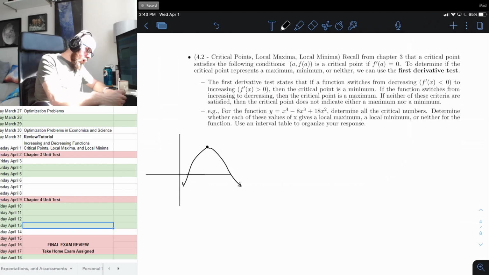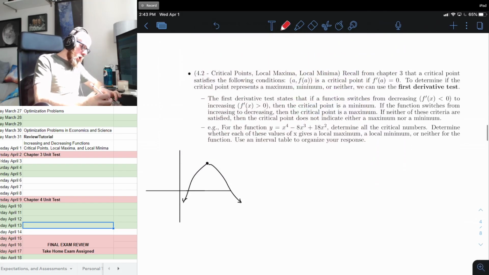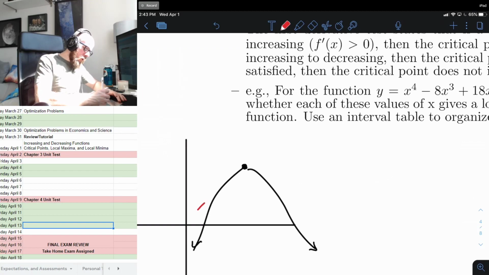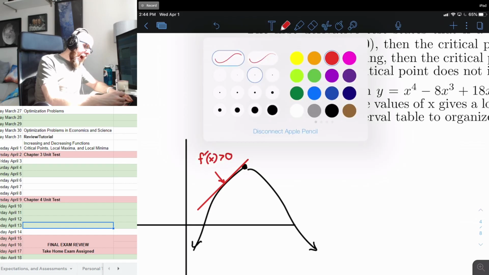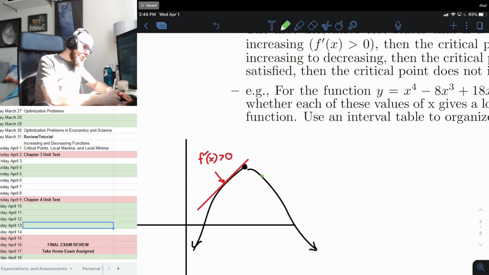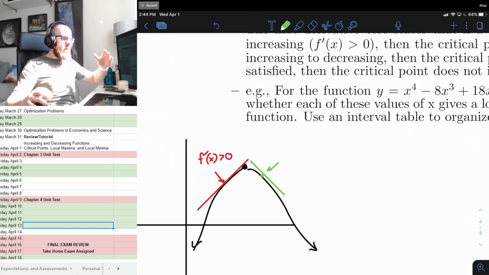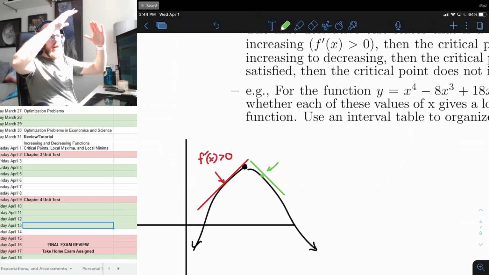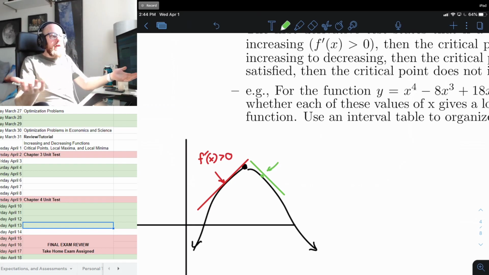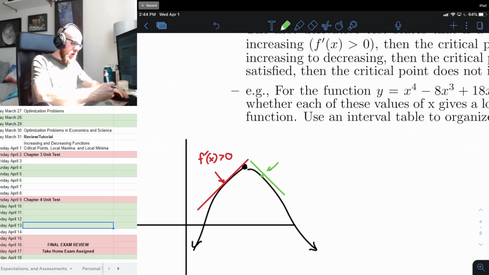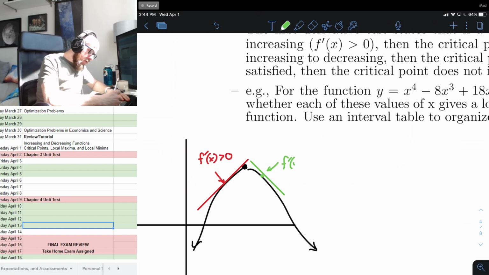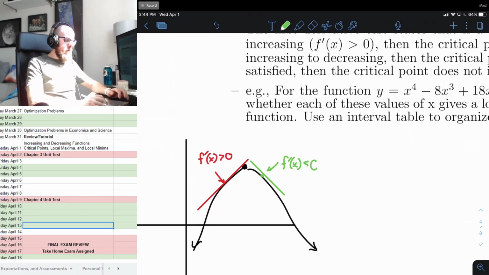What we would notice is that if we look before the critical point, f prime is positive, and if we look after the critical point, f prime would be negative. Meaning that if a function goes from increasing to decreasing, then the point in the middle has to be a maximum. f prime of x less than 0.